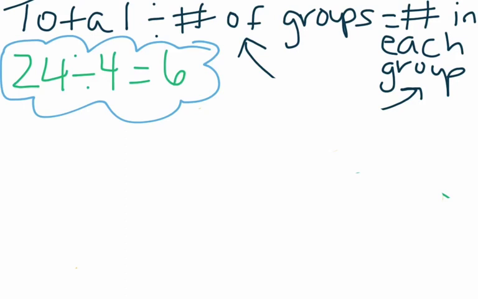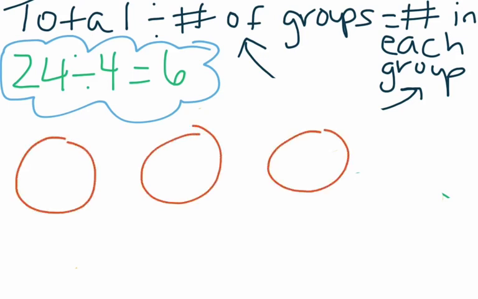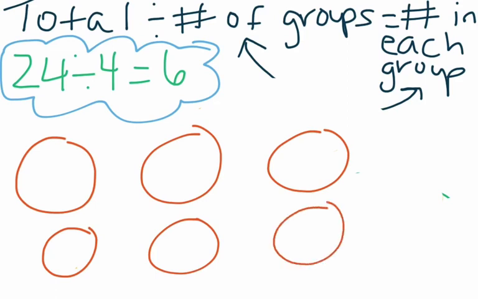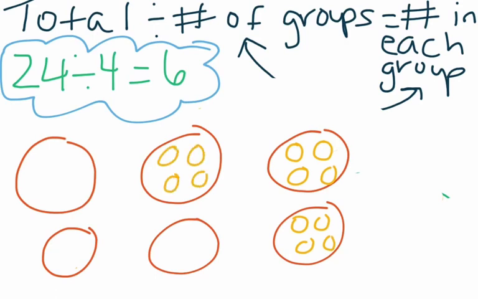So I know there are 24 people in all. There are 6 tables, so I'm going to draw really easy, simple tables, because you know Mrs. Lee can really not draw. And since we figured out the answer of 6, we know that there are 4 people sitting at each table. Let's make them orange. 4 people at each table. Kind of looks like pizza, huh?